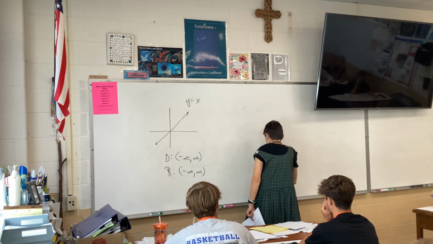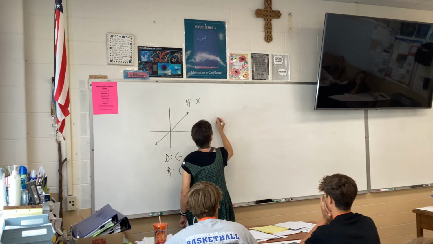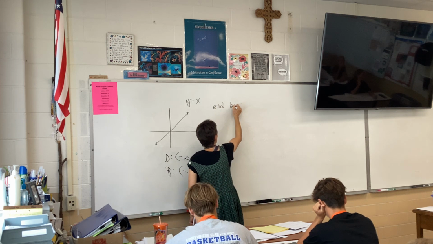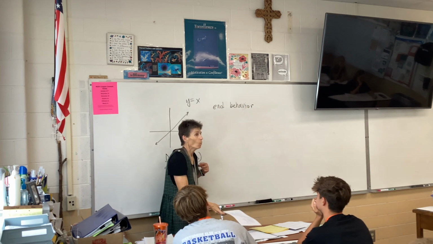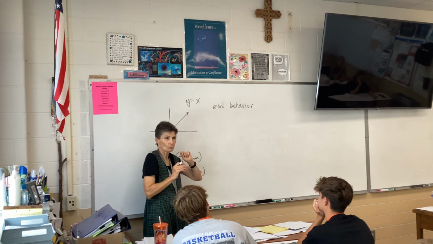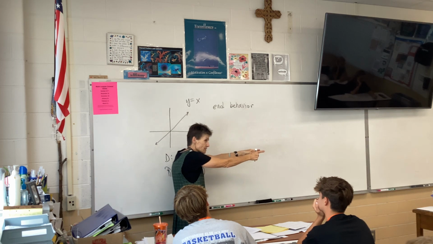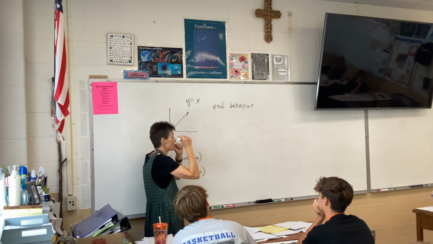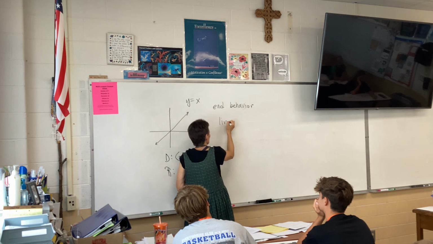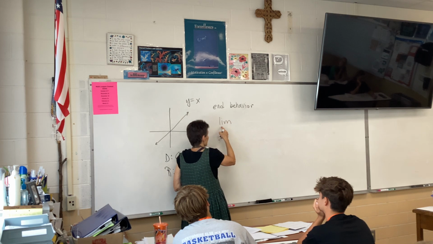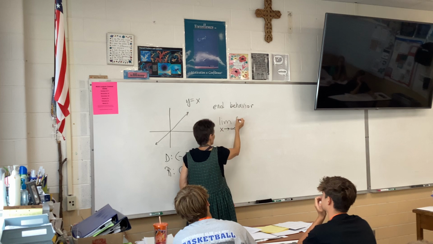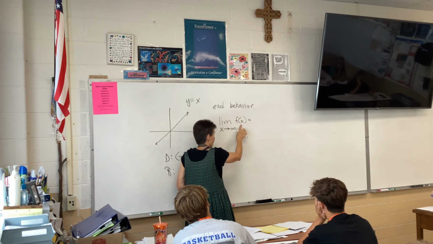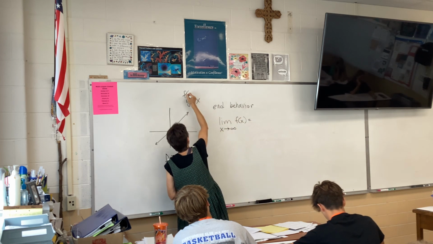Let's go ahead and talk about the end behavior. What we mean by end behavior is, what does the curve do as x goes that way and as x goes that way? The way we write end behavior, lim stands for limit, underneath it x approaches infinity of our function.